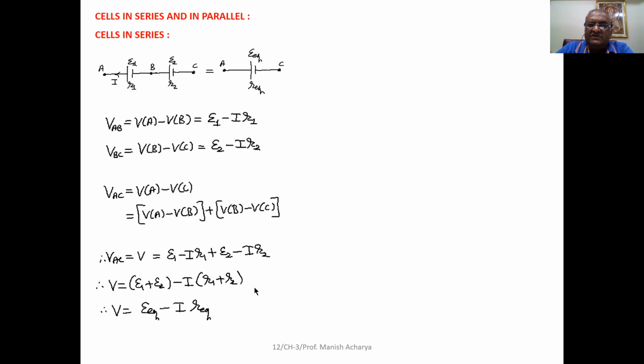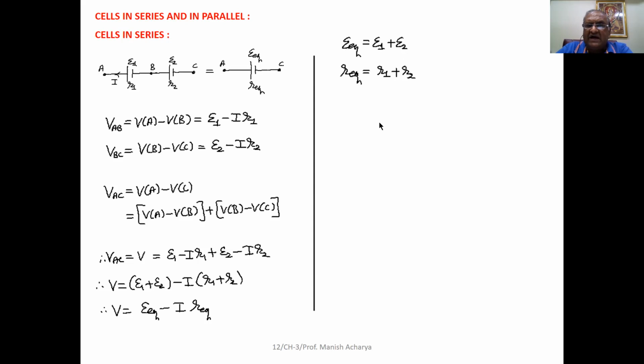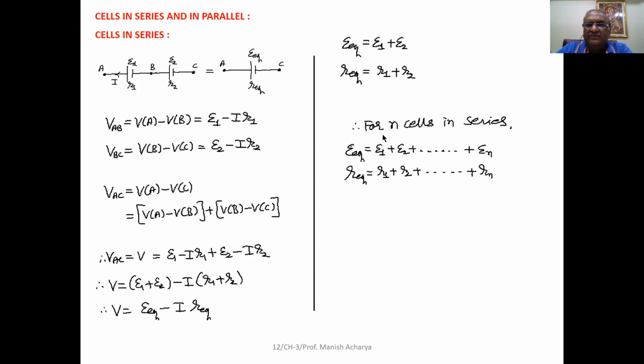So we can compare this with V equal to E minus IR. So we can write V equal to E equivalent minus I into R equivalent. So here E equivalent is equal to E1 plus E2, and R equivalent is R1 plus R2.